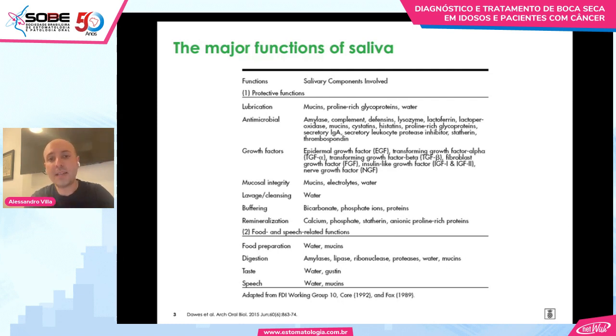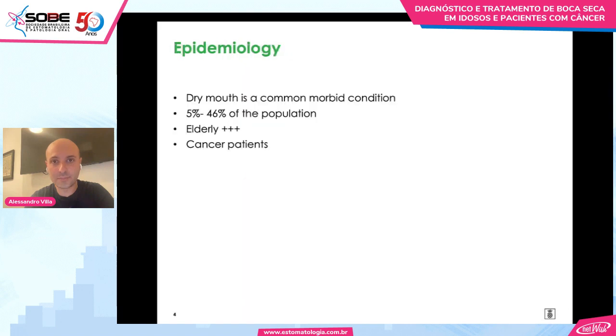And finally, as you can see here, it helps with speech and digestion in general, and saliva has many functions which are needed for proper protection and functioning of the human body. Just to give you an example, saliva can also facilitate the healing of any oral wounds that may happen, for example, following a traumatic lesion in the oral cavity or a dental extraction.